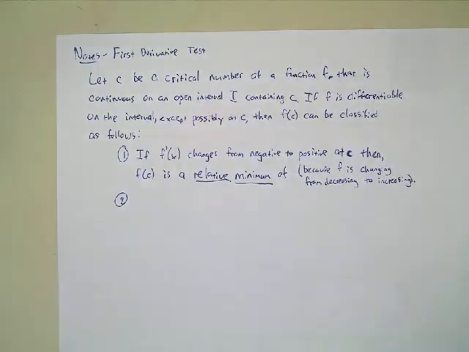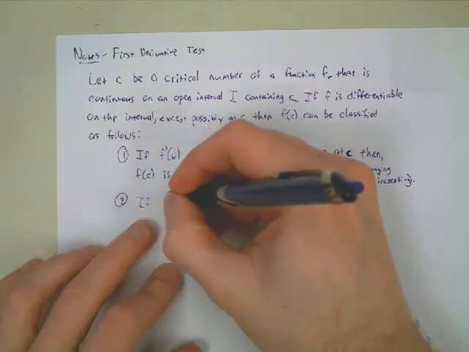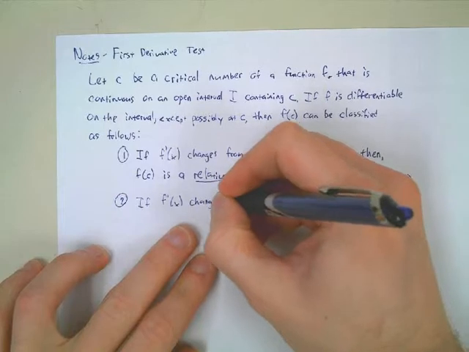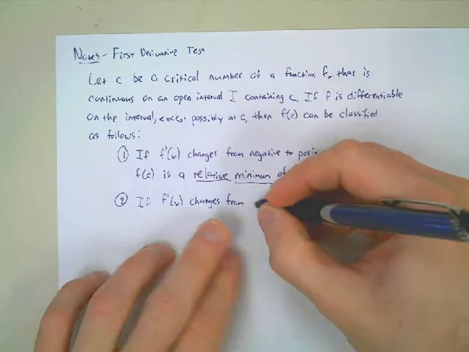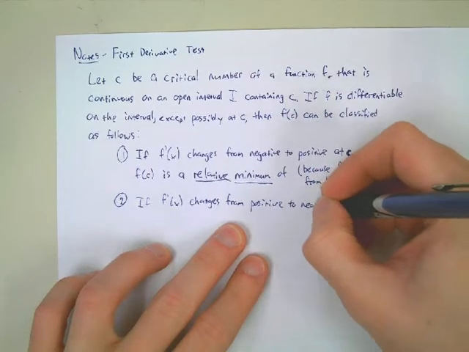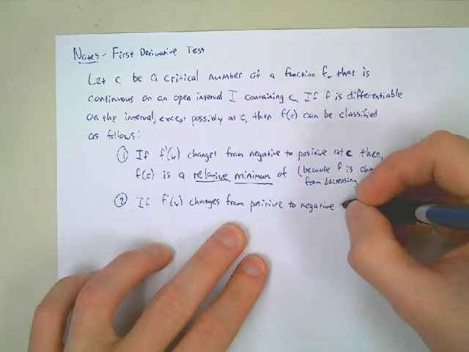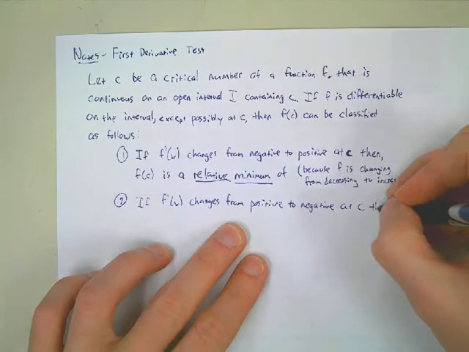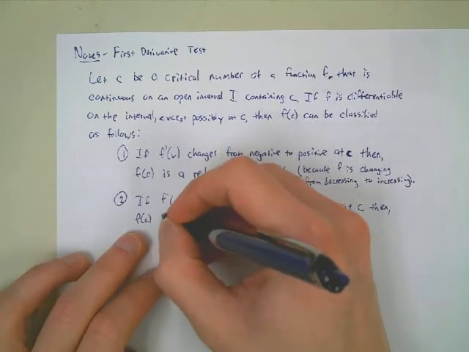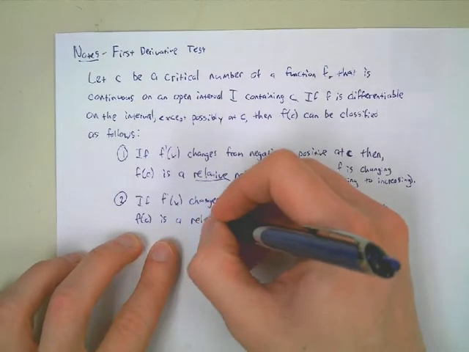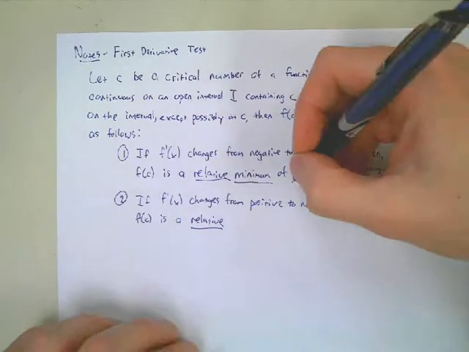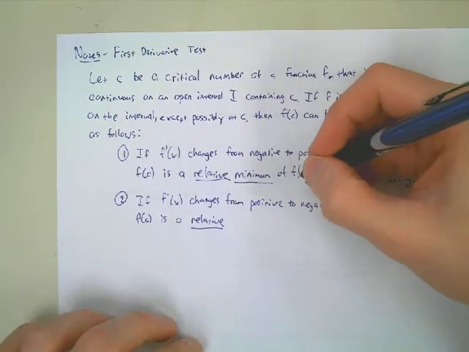So if f prime of x changes from positive to negative at C, then f of C is a relative... oops, and I forgot to put of f there at the top one.